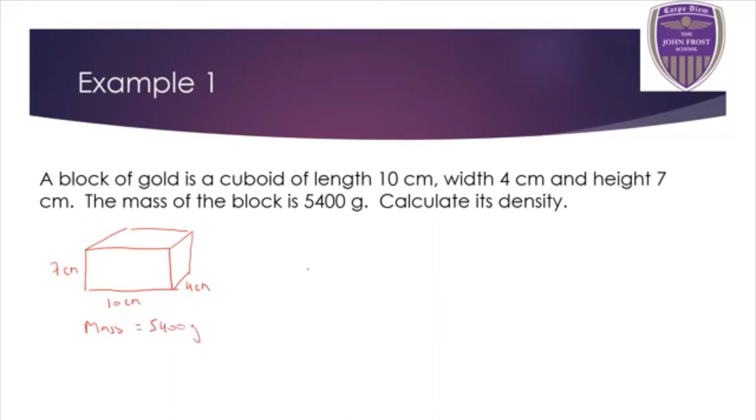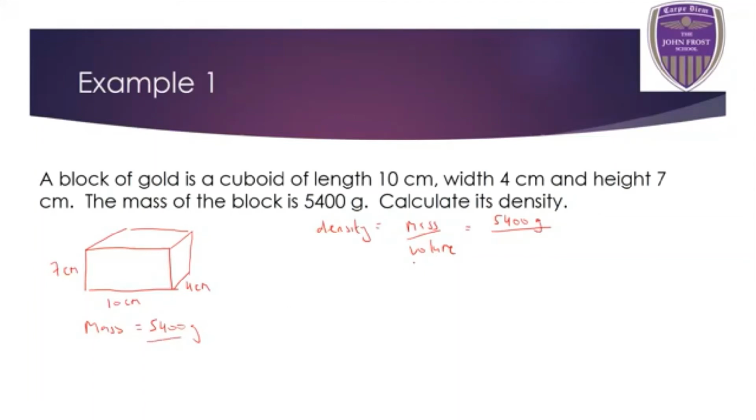Now, I know that density equals mass over volume. I know the mass of the shape, it's 5,400 grams. It's right here, you see.